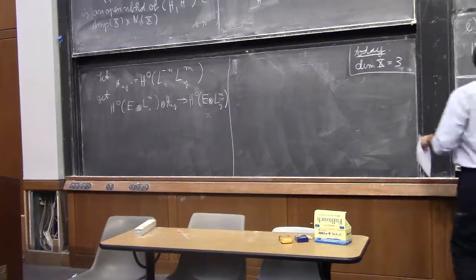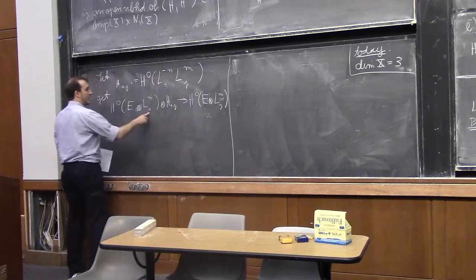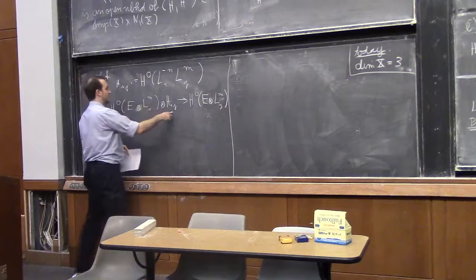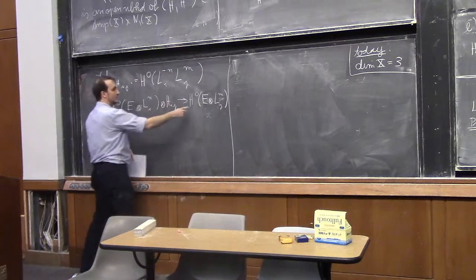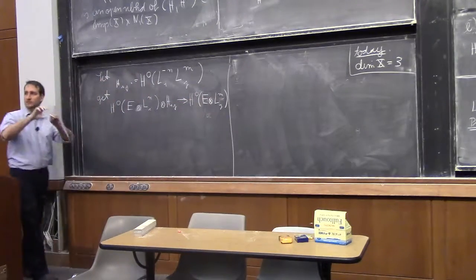For example, if I do i equals j equals 1, these are the multiplication maps from H⁰(E ⊗ L_1^n) to H⁰(E ⊗ L_1^n). And this is exactly what you use.